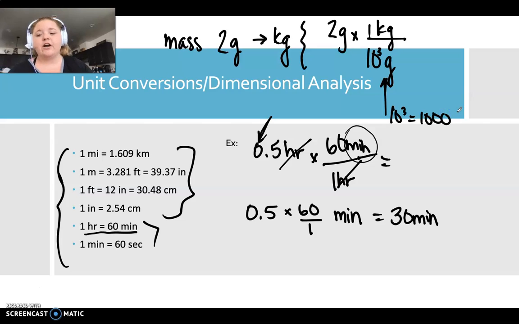If you're entering it into your calculator and you think one of these ways is easier, no worries, as long as you get to the right answer. Then you plug that into your calculator and get your value in kilograms. I'll put it in scientific notation, and that'll be 2 times 10 to the negative 3 kilograms.